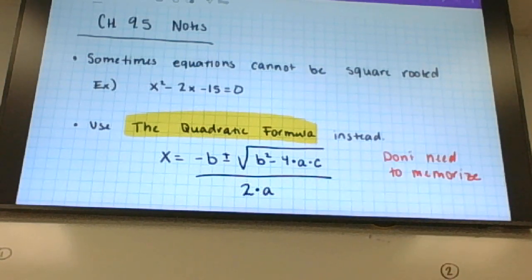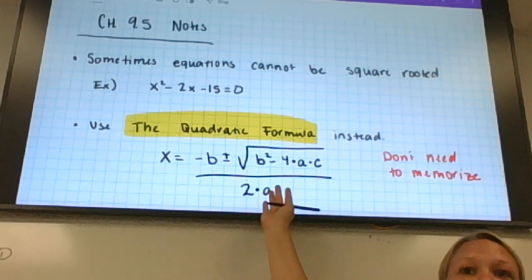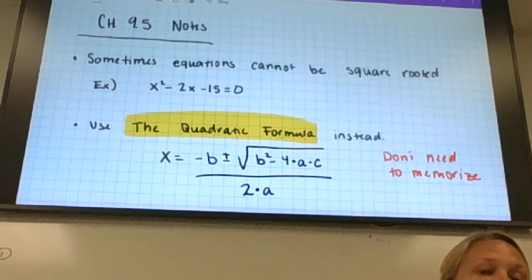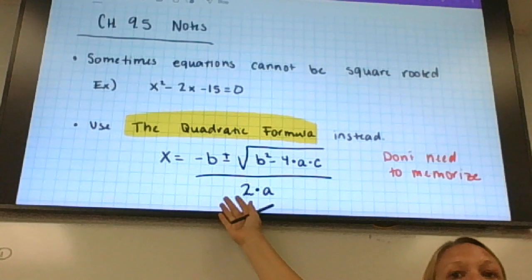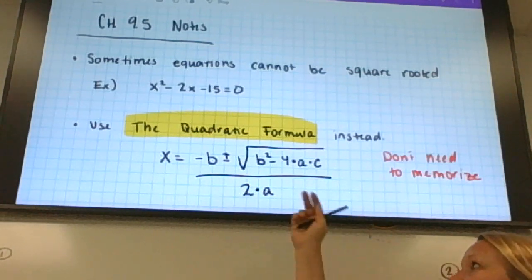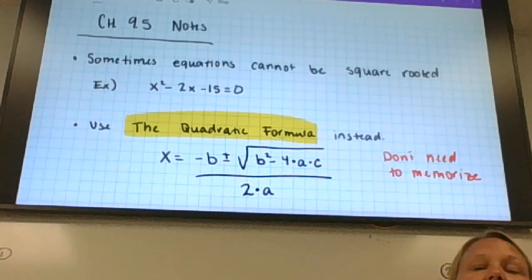You get good at it. And actually, in Algebra 2, the calculator they use has this programmed in it. On the SAT, you're allowed to use a calculator that has this programmed in it. You just have to understand when it's useful and how to use the calculator.